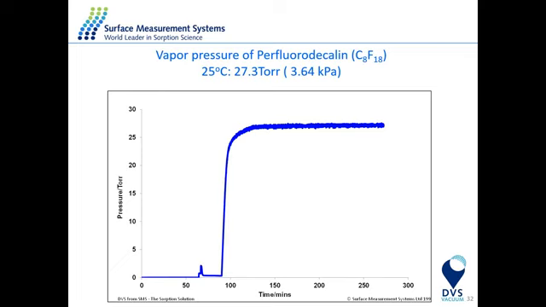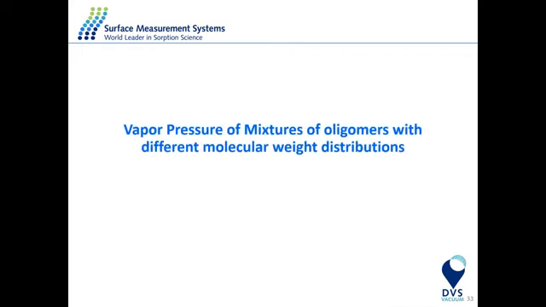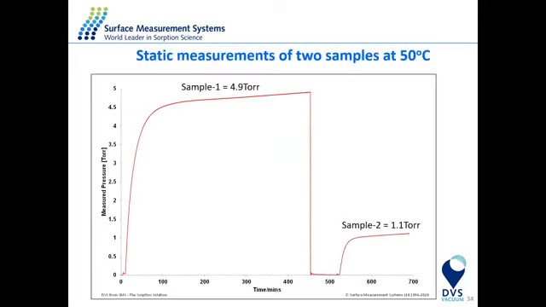As you can see, the method for vapor pressure measurement is very straightforward. The main benefit of this method is that it can be applied to mixtures with different molecular weight distributions. In this case, we look at oligomers. The system allows you to measure multiple samples. In this case, sample 1 has a vapor pressure of 4.9 torr, and you outgas the other sample as well.